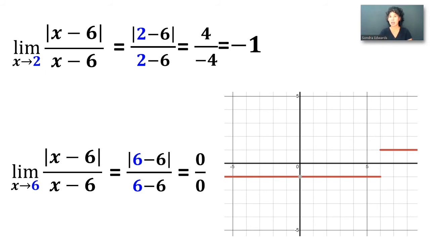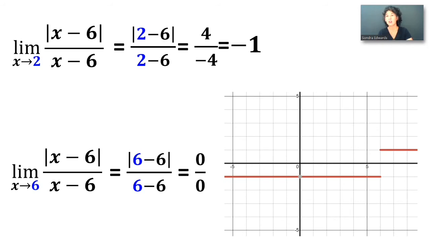That's why we spend a lot of time in pre-calc studying functions. You see an absolute value in the function and you take pause because you got 0 over 0.